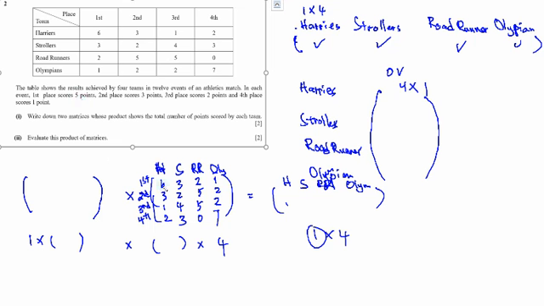So first place, he got it 6 times, each time he gets 5 points. So this is first, second, third, fourth. So it's 5, 3, 2, 1. Third place is 2 points. Fourth place is 1 point.